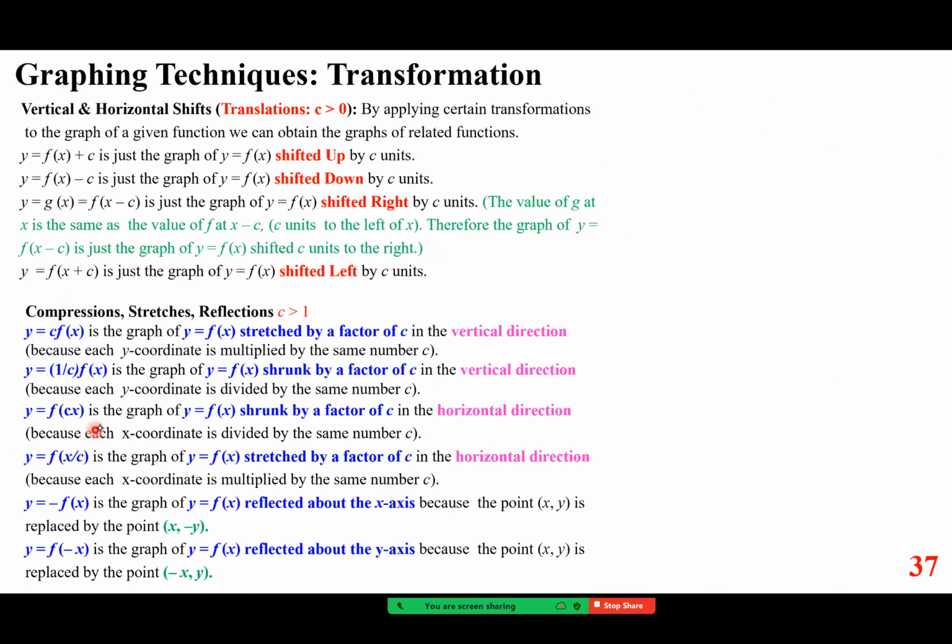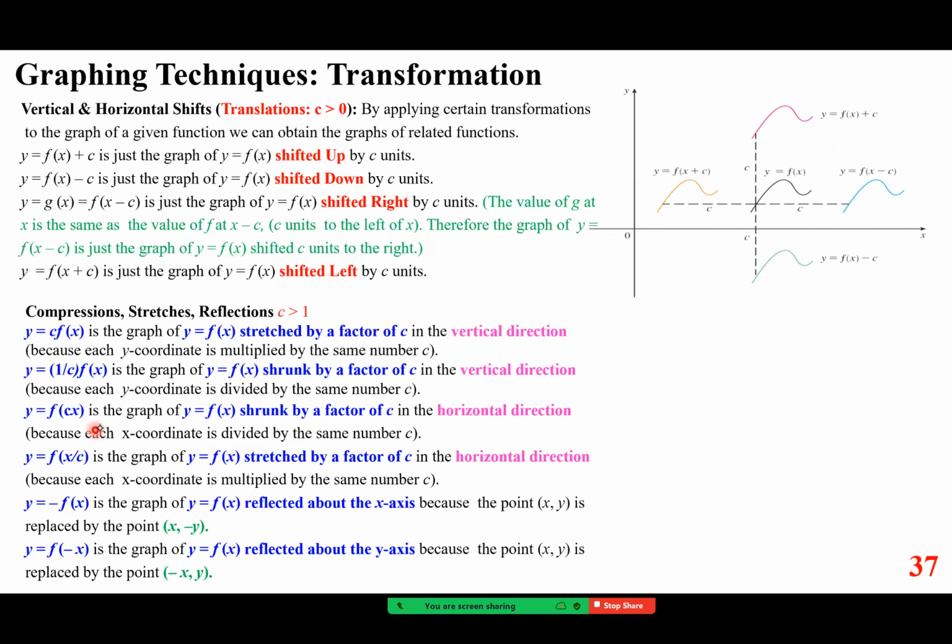All right, just reminding everybody about graphing techniques. So basically, you have the function f of x. You can move it up by c, f of x plus c. You can move it down by c, f of x minus c. We are assuming c is positive. And f of x plus c means move it to the left by c. And f of x minus c means move it to the right.